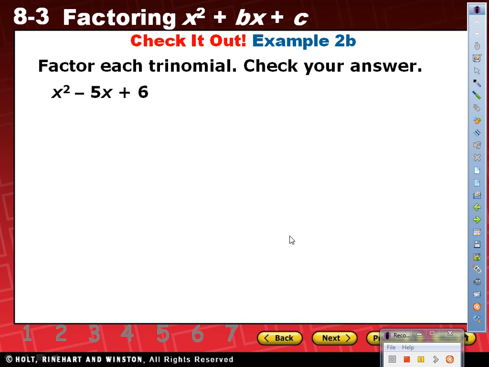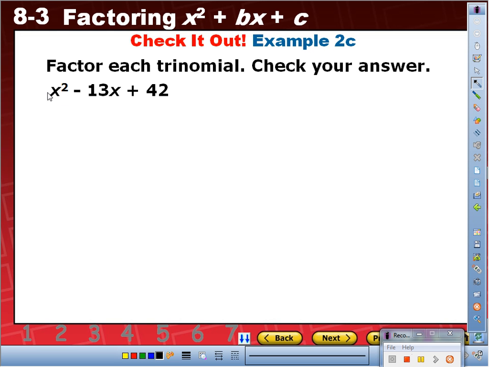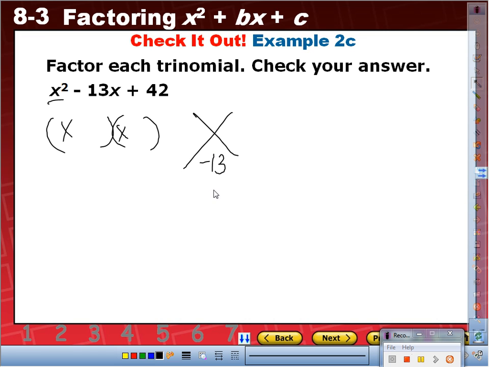Example 2C. Do that one by yourself. You got 20 seconds. Example 2C. X squared minus 13x plus 42. Okay, here we go. Two parentheses. X times x. Power Rangers. -13 is my sum. 42 is my product.